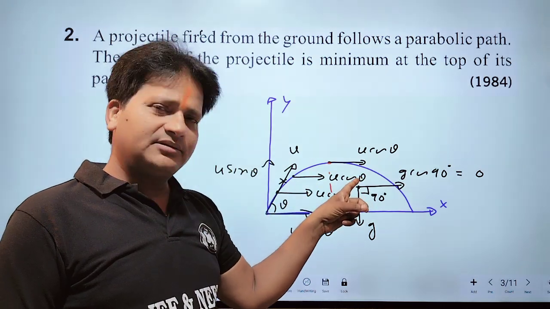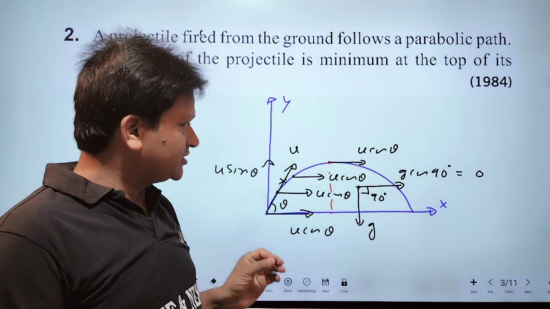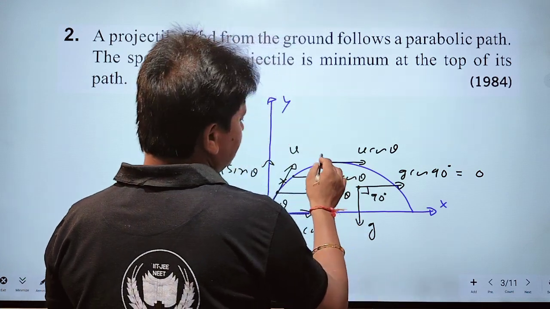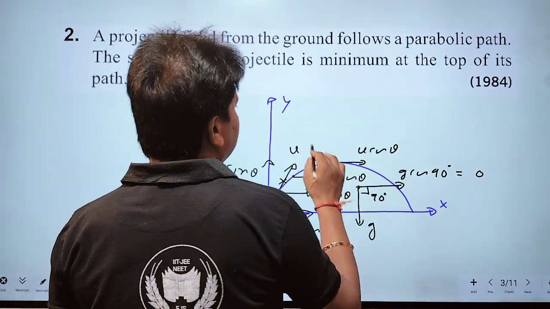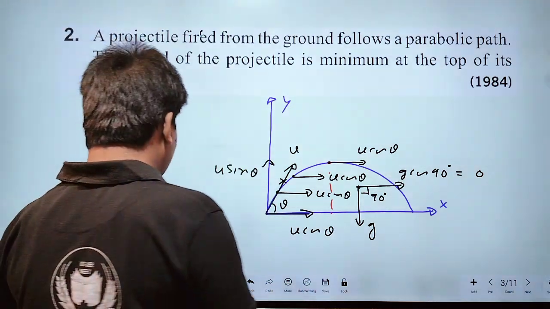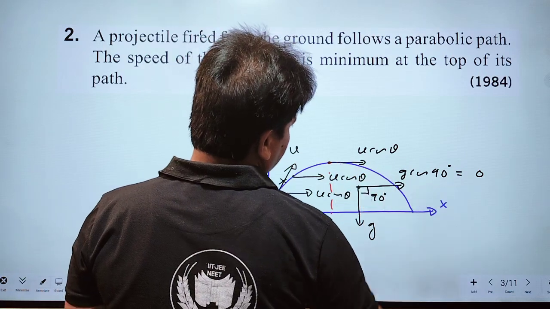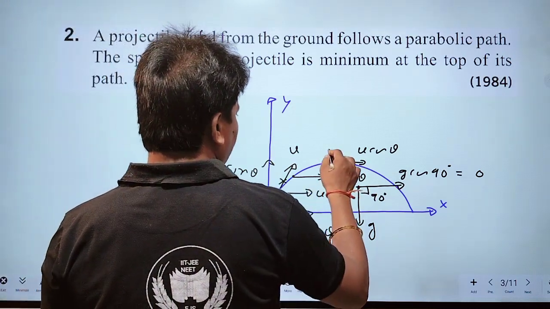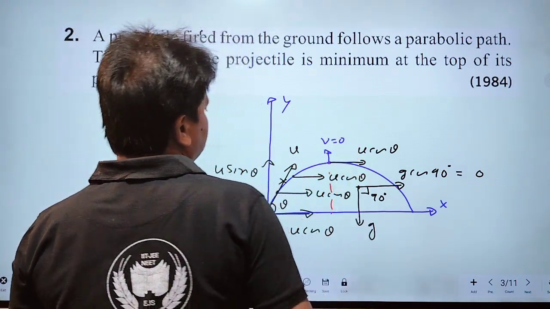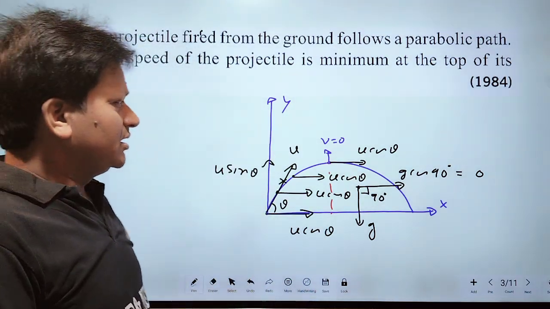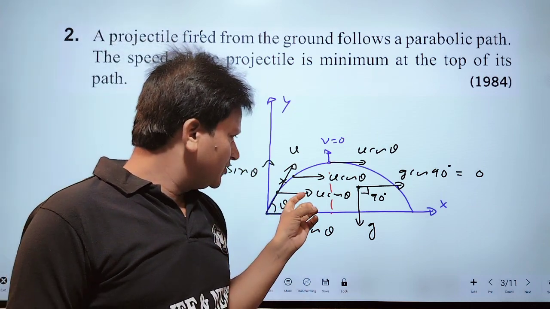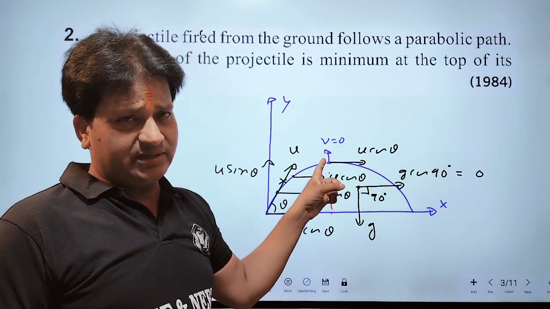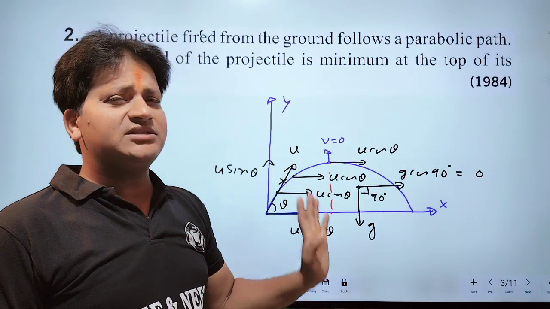At any point, the particle has velocity in vertical direction also, but there is a single point, the top, at which the particle has only one velocity, in horizontal direction only, while in vertical direction its velocity is 0. Therefore, the projectile has minimum velocity at the top point because one component is 0.